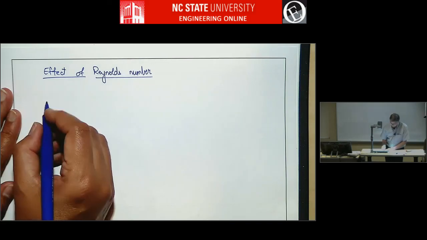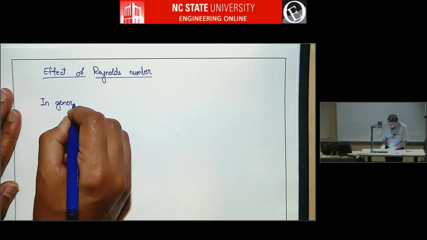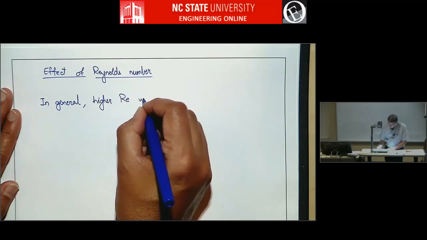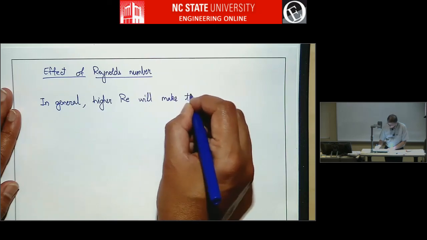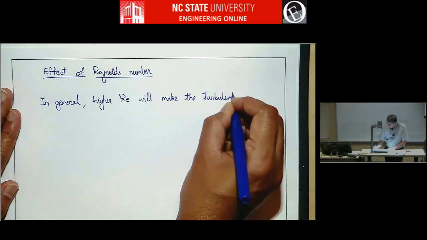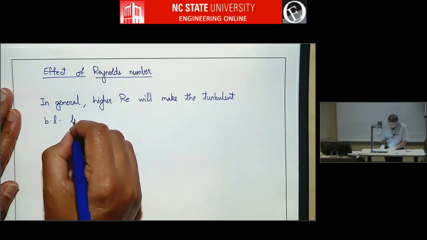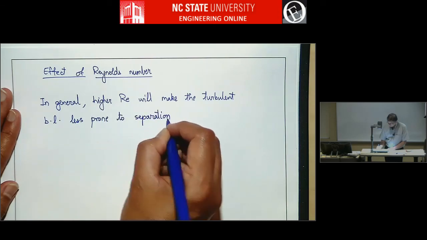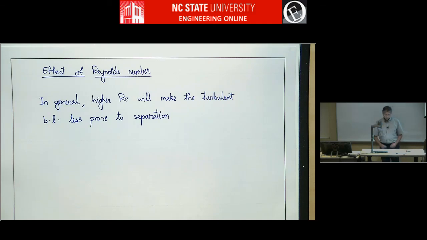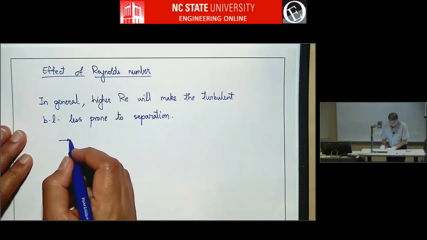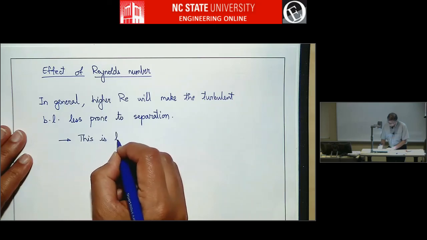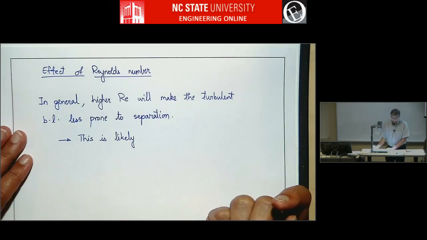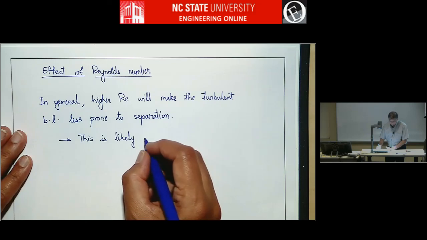This is not all that clear, but I think we can say that in general, higher Reynolds number turbulent boundary layers are less prone to separation, and the reason is likely that it's connected with how thick the boundary layer is at lower and higher Reynolds number.